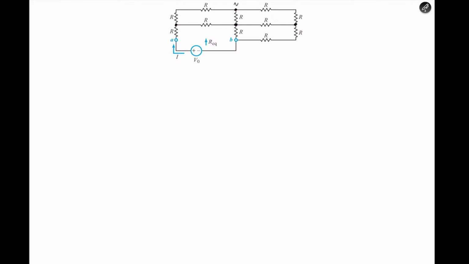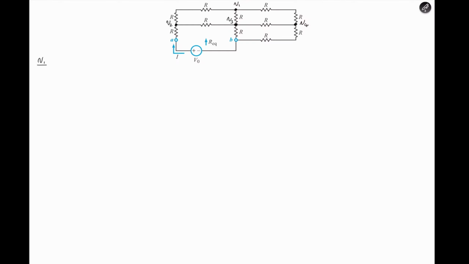So this terminal, we're going to call it V1. Let's call this V2, let's call this one V3, and let's call this V4. In this case, we're going to apply KCL at node 1, terminal 1 I like to call it, or V1.